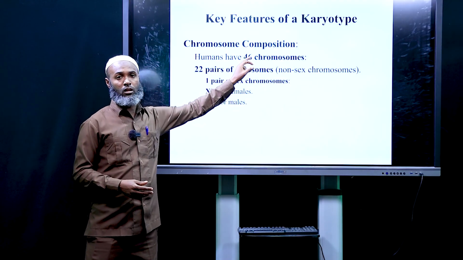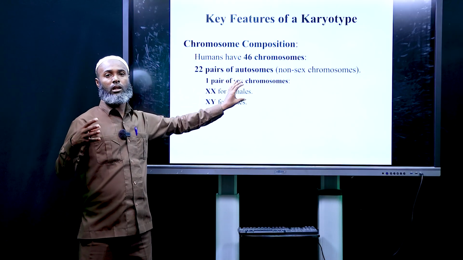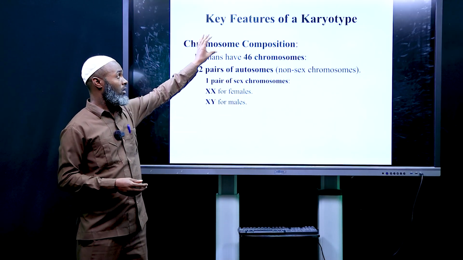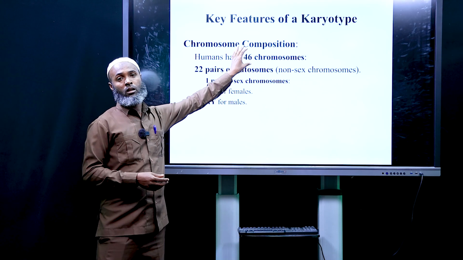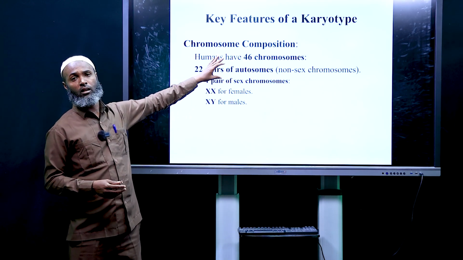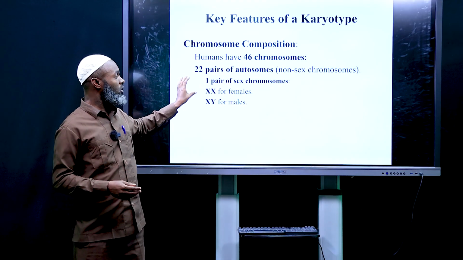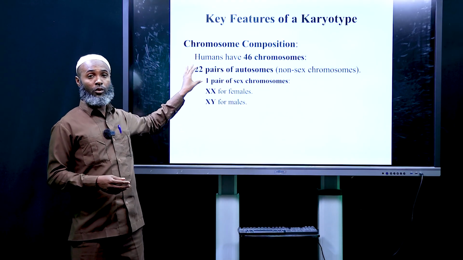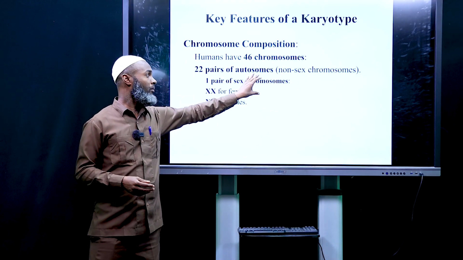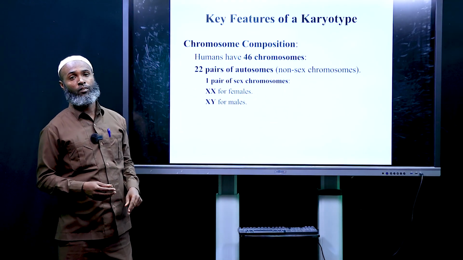We have said that the number of chromosomes in humans is 46. 23 come from the mother and 23 come from the father. So 22 pairs of them are autosomes, non-sex chromosomes, and one pair is the sex chromosome.